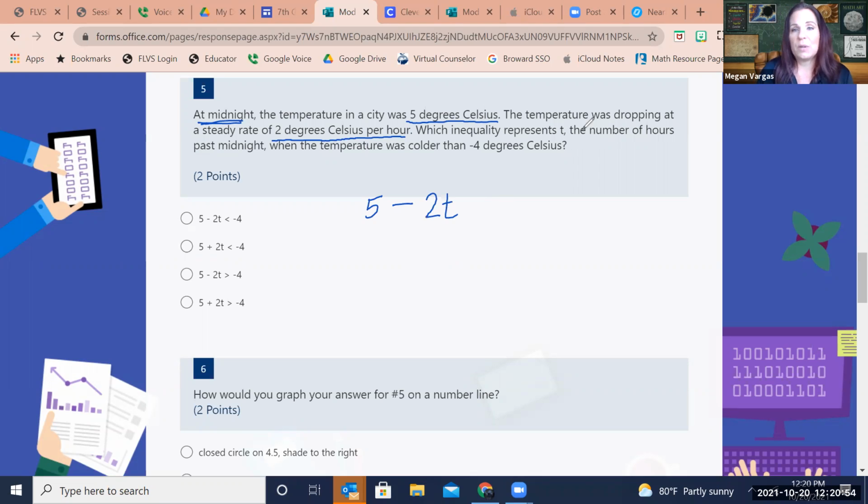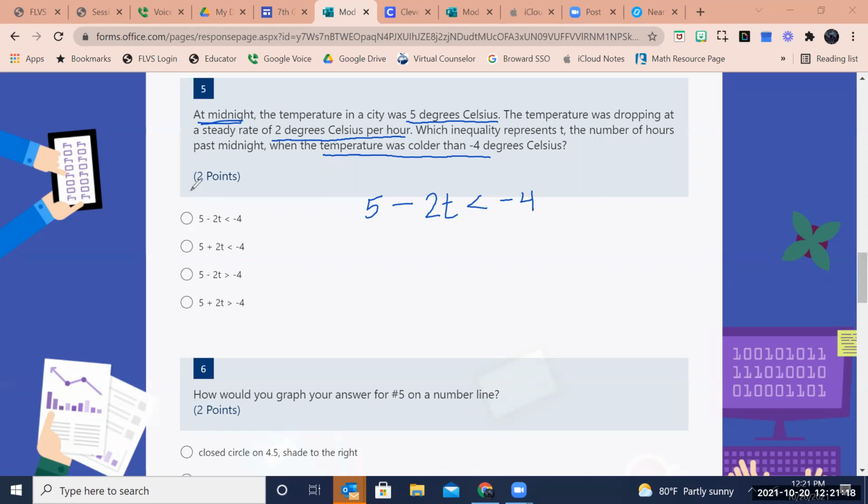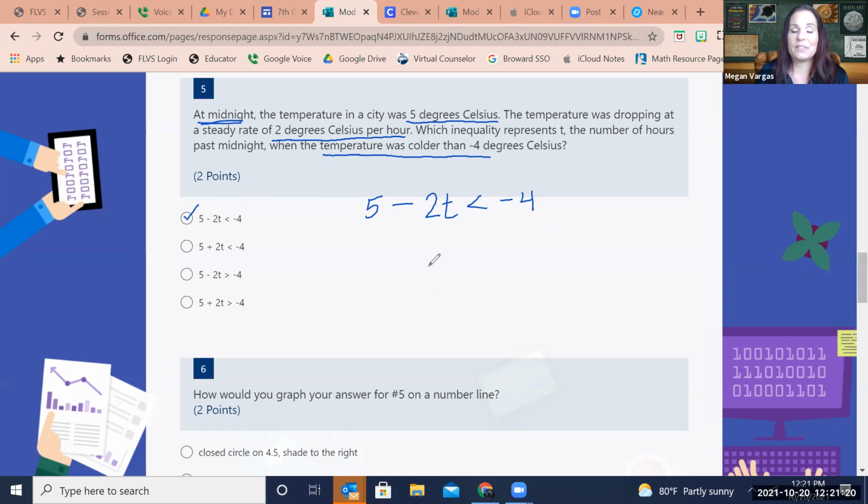Which inequality represents the number of hours past midnight when the temperature was colder than -4 degrees Celsius? Colder than -4. That means less than -4. All right, so there's my inequality. So now the next thing that I have to do is solve it, because number 6 is going to ask me to graph this.